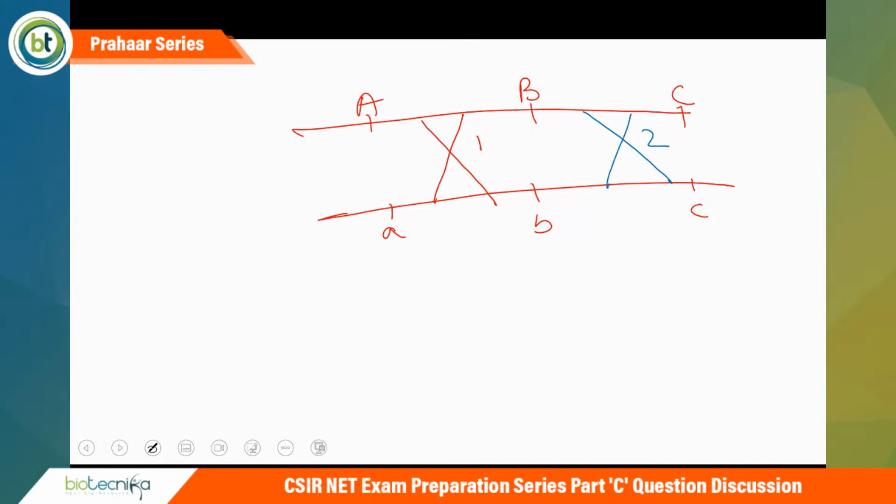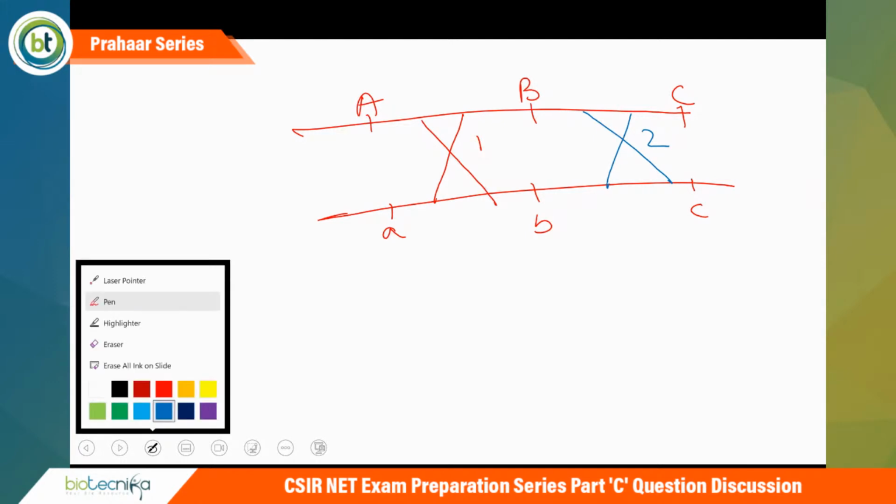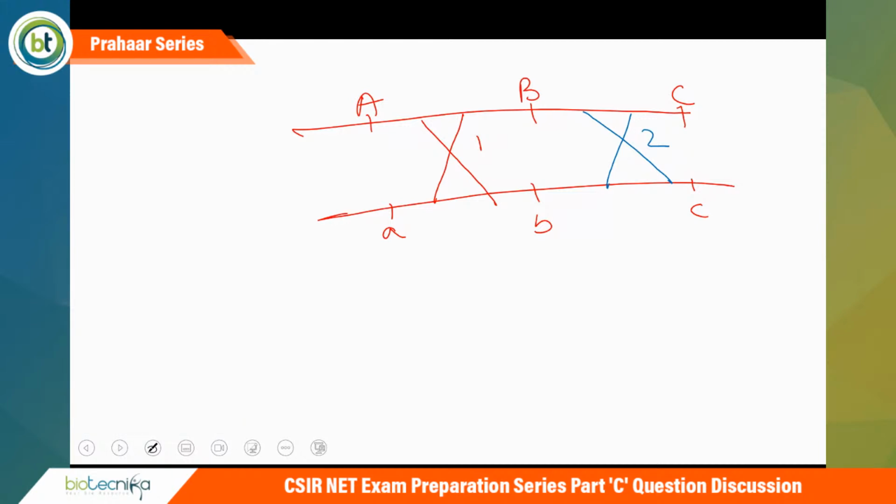Now, why do we choose the double crossover? What will be the result of the first crossover? I'm writing it in red. Only this crossover happens. The result will be A, small b, small c on one chromosome, and small a, capital B, capital C on the other. That is the result of the first crossover.